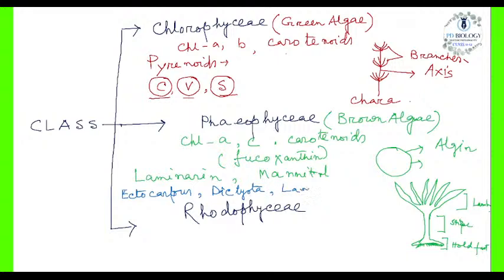Dictyota, Laminaria, Sargassum, Fucus. So Ectocarpus, Dictyota, Laminaria, Sargassum, Fucus, they belong to Phaeophyceae.